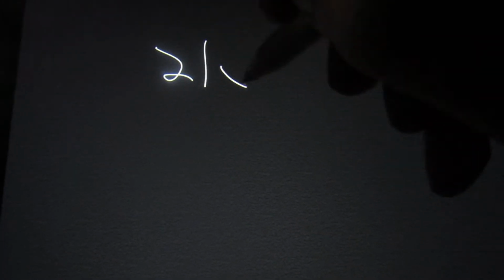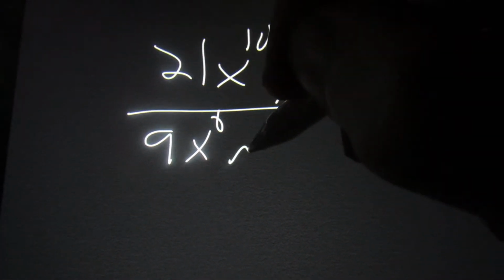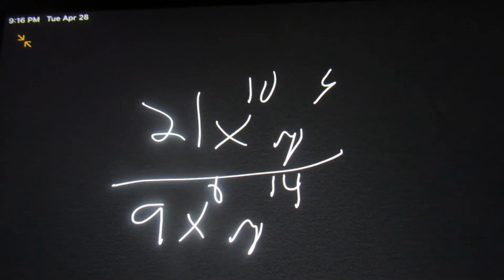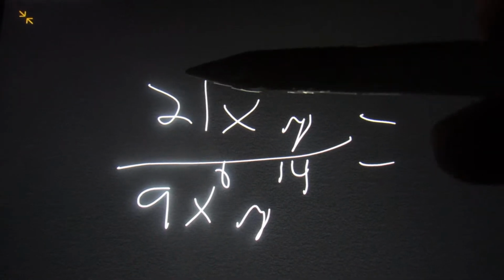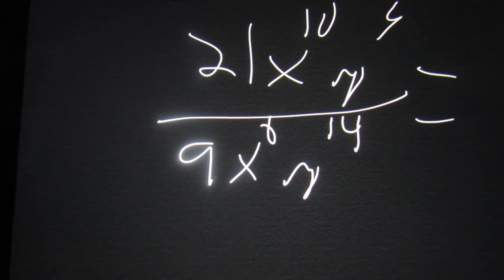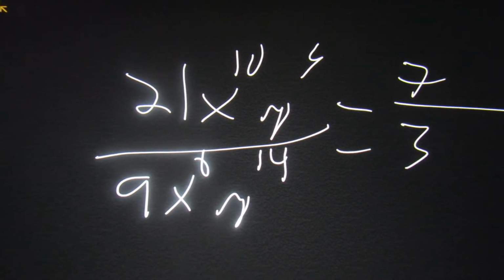Okay, then you're going to have something like 21x to the 10, y to the 5 over 9x to the 6, y to the 14. And to simplify this, we've done this kind before. But here, let's look at the numbers. We have 21 and 9. Both of those are divisible by 3. So that's going to be 7 over 3.